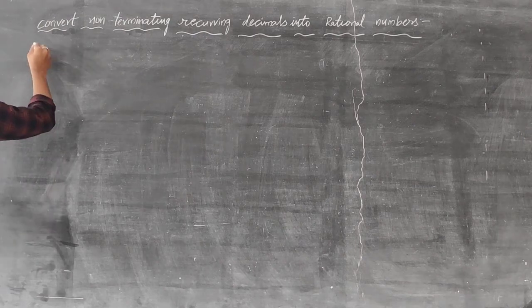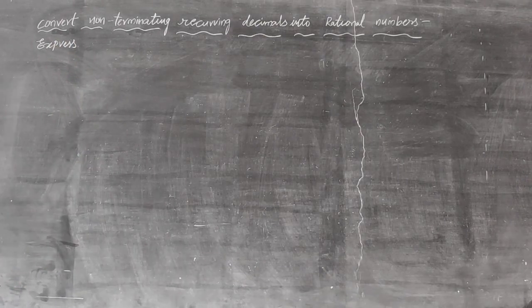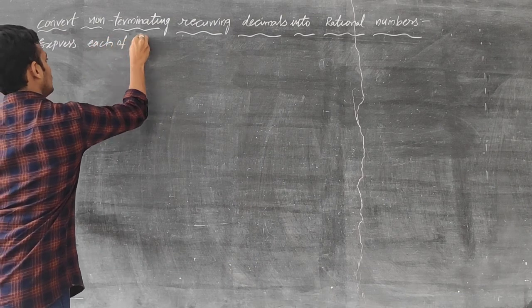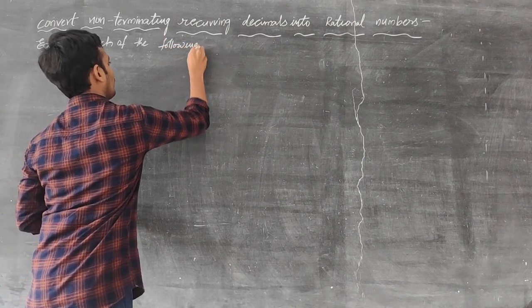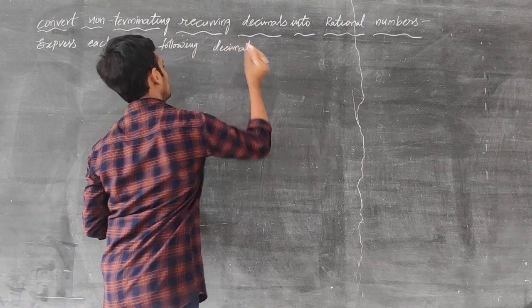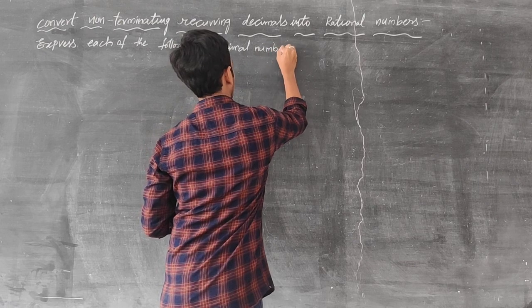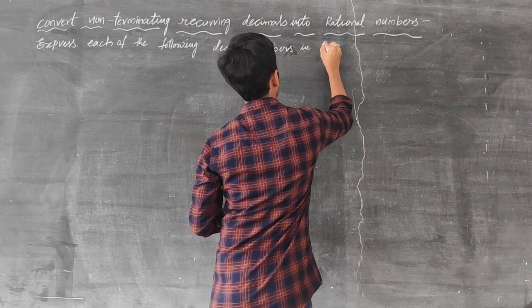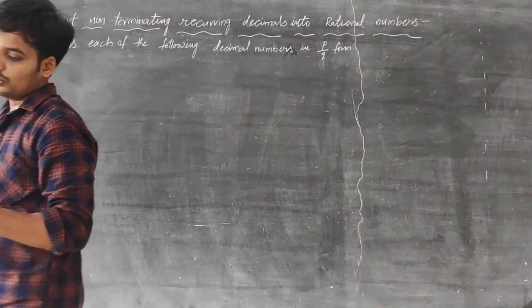Now write: express each of the following decimal numbers in P by Q form, where P and Q have no common factor.